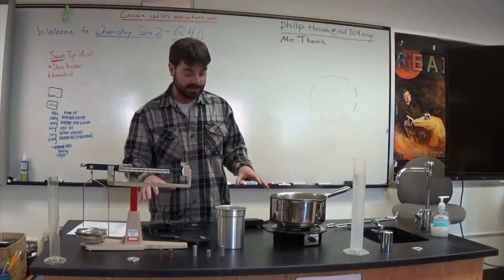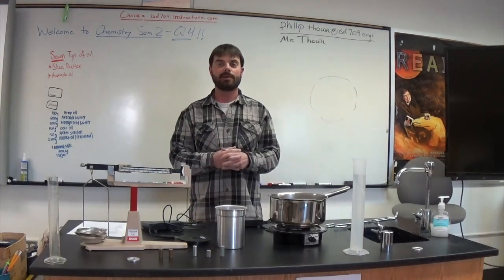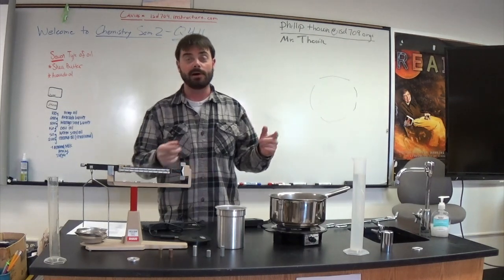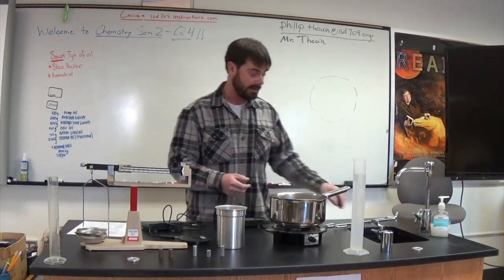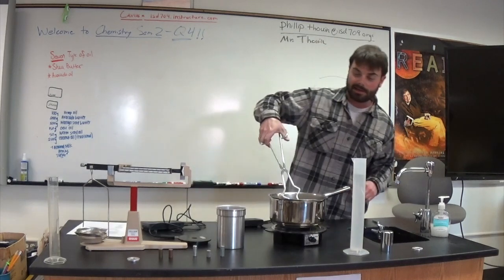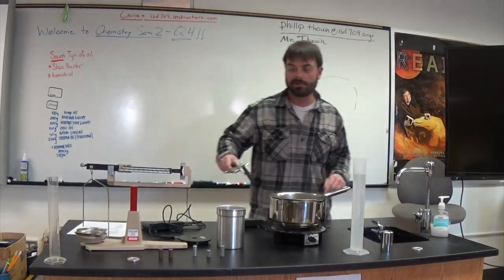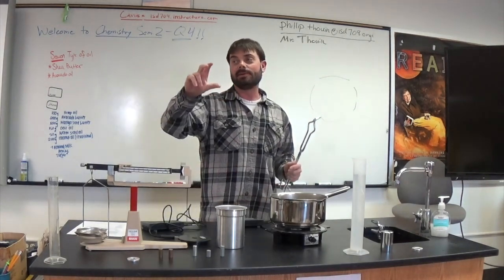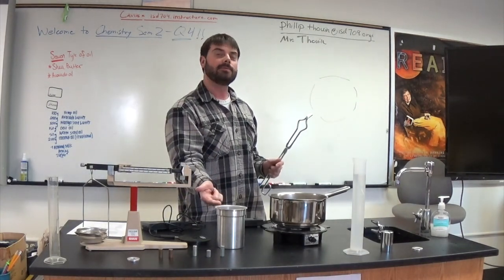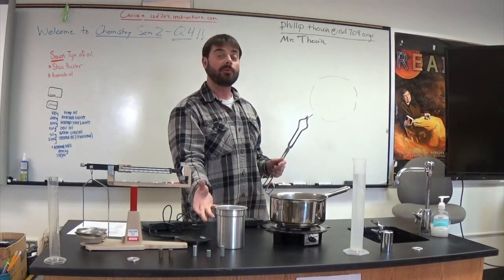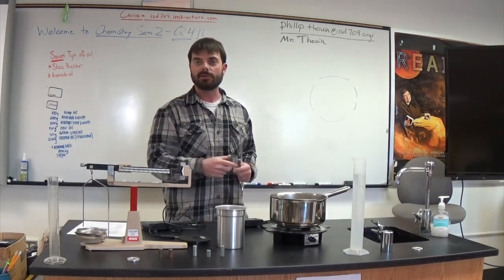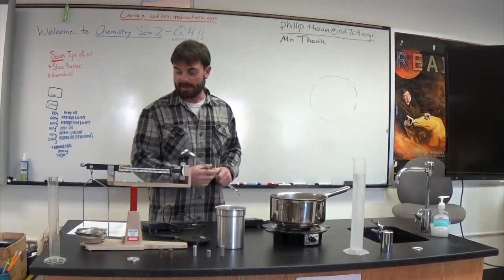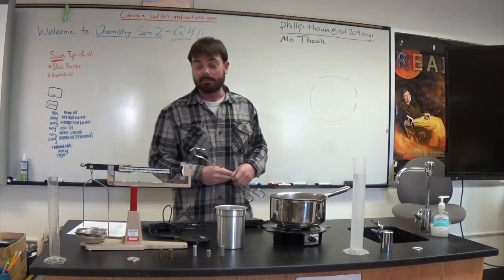We will use these LabQuests as thermometers, which will give us quite an accurate reading, and then when we get down toward the bottom, we'll find a final water temp and a final metal temp, because even if this is at 90 some degrees and I take it out of here and put it inside of the water that is approximately 20 some degrees, the 90 some degree chunk of metal is going to cool down, and the 20 some degree volume of water is going to warm up, and they're going to reach equilibrium at some point. And whatever that equilibrium is, we're going to be recording as the final water temp and the final metal temp.